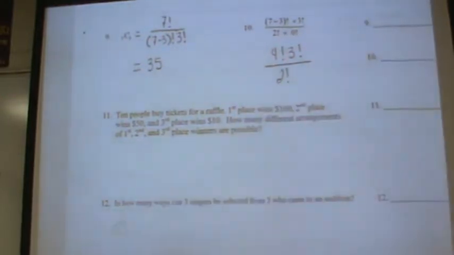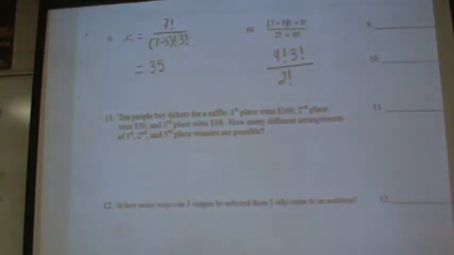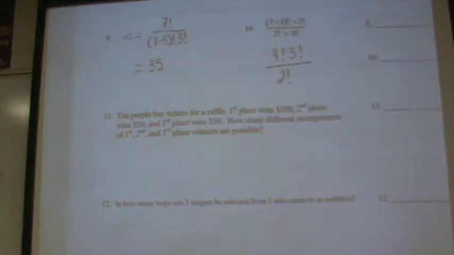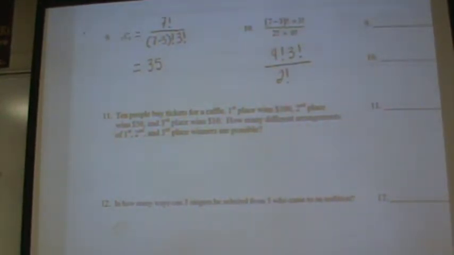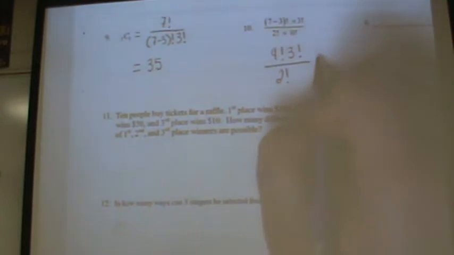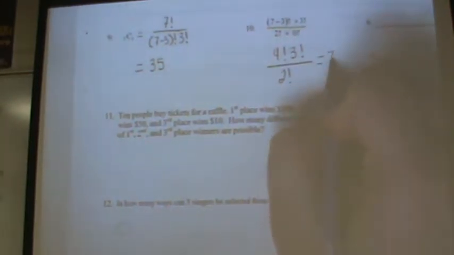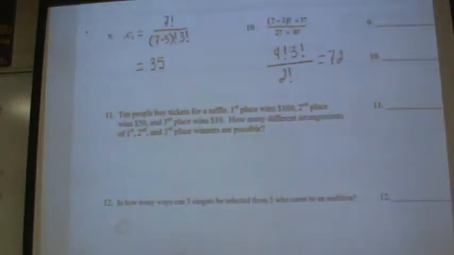Then it's times 3 factorial over 2 factorial, and it's multiplied by 0 factorial. 0 factorial is just 1. So 2 factorial times 1 is just 2 factorial. And then you can punch that into your calculator, and you'll get 72.